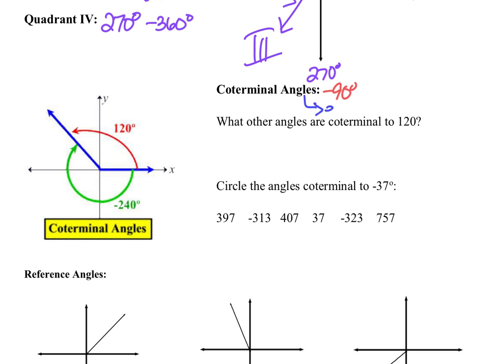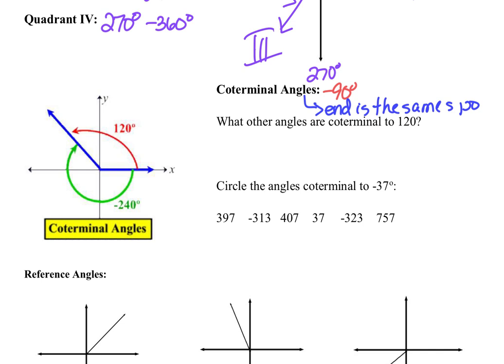Coterminal angles end in the same spot. So if you think about it, if this is an angle like 120 degrees right here, and you draw an angle of negative 240 here, you will also have an angle that ends in the exact same spot.